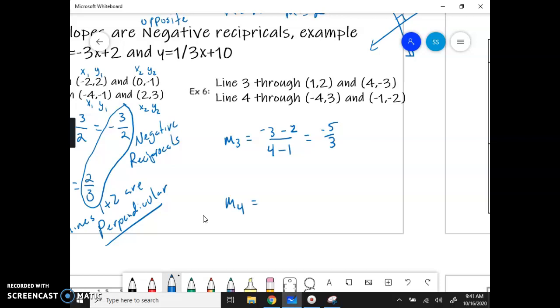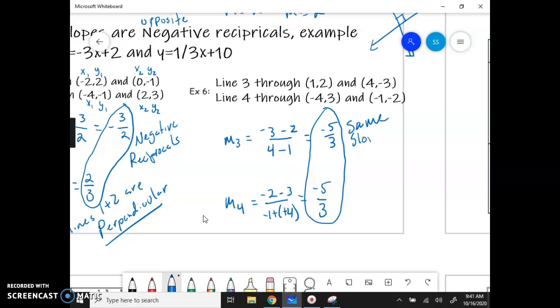For line 4, we do -2 minus 3 over -1 minus -4, and we get -5 over 3. Look at that, we get the same slope, which means lines 3 and 4 are parallel.